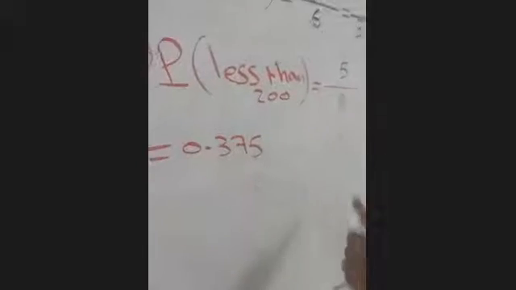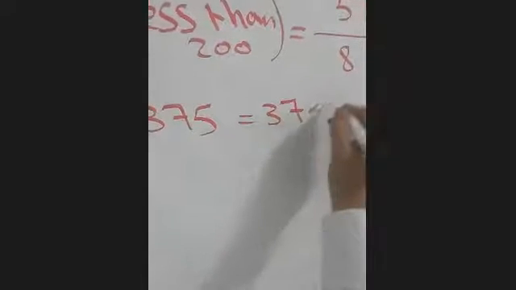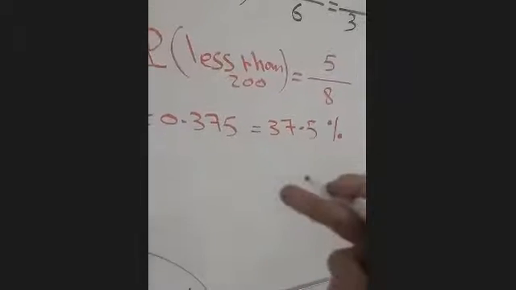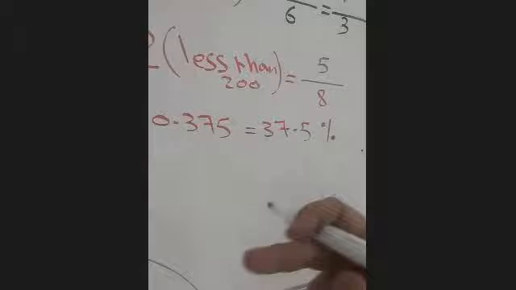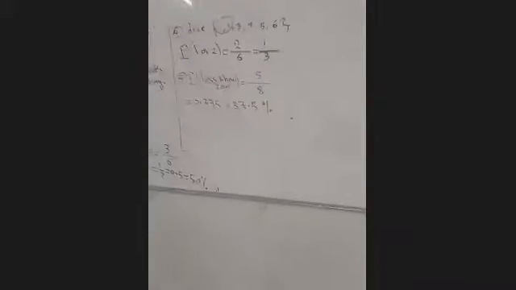If you multiply it by 100 to make it a percent, it will be 62.5 percent. Means we have 62.5% to choose a ride with less than 200 in this table.